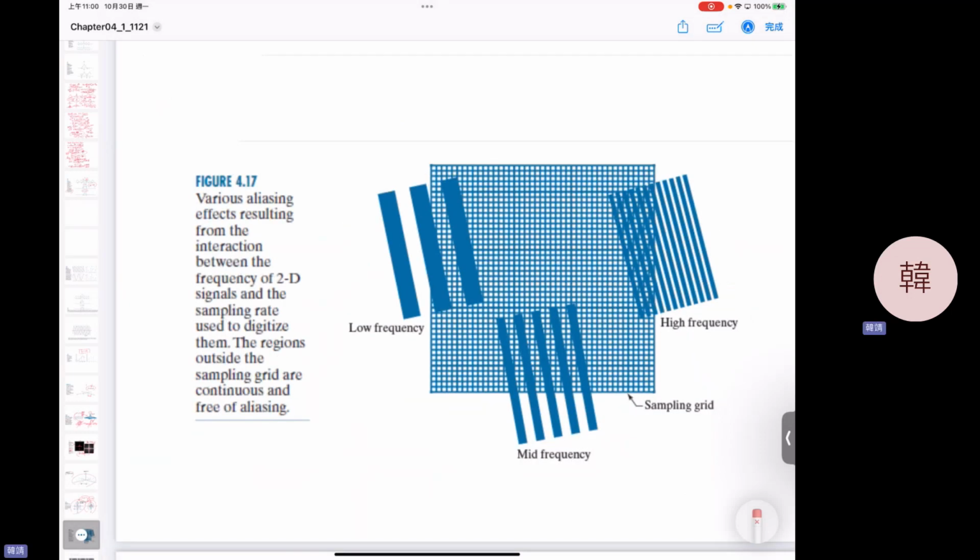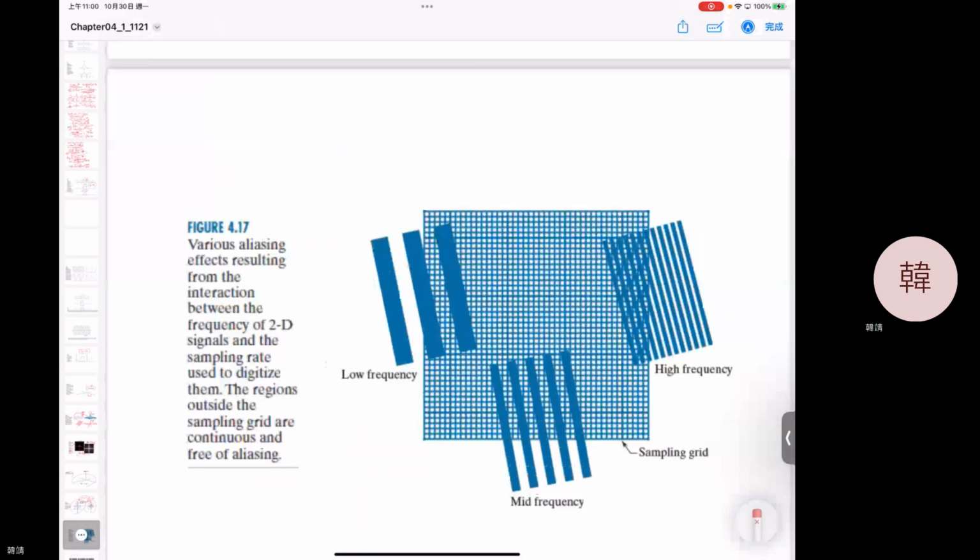Maybe it's clearer on the smaller one. You see the line here? It's not your original image, but a curve in your image result. There is some wrong image, a curve. After you use the wrong sampling rate, your image immediately has some aliasing effect. This is just to visualize it, but later on we will have more examples.